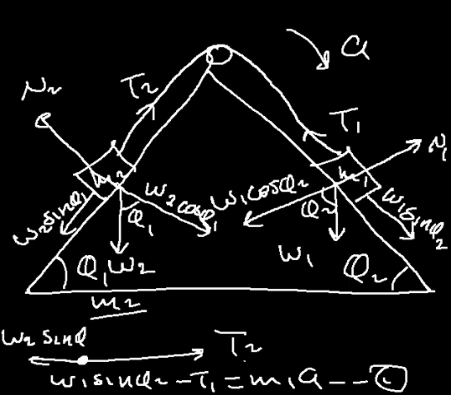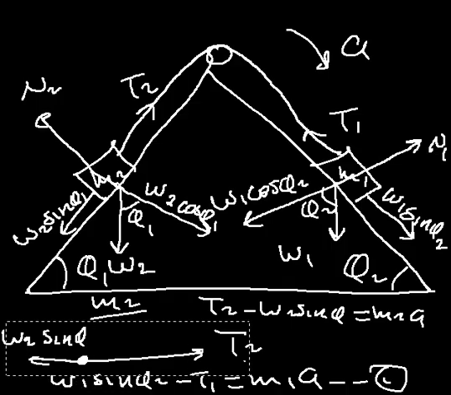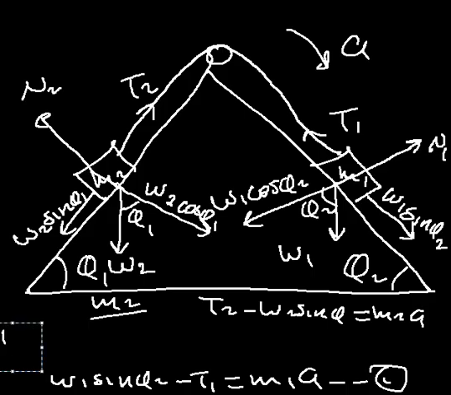So according to Newton's second law of motion, we have T2 minus W2 sin theta 1 equals mass 2 times acceleration. Then we take the summation of the two equations to get the expression for the acceleration.